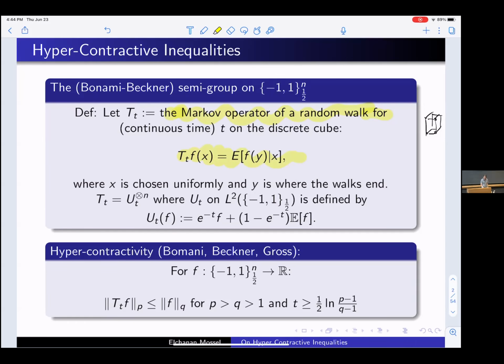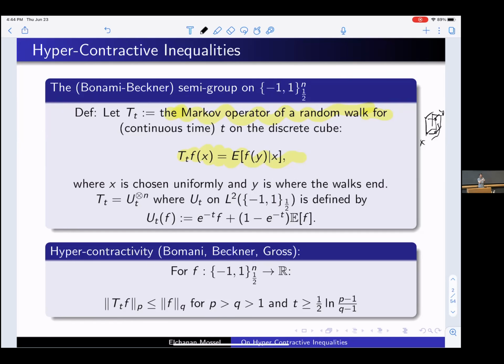So what's written here is the usual language when we study the operator version of the Markov chain. We started from the point X, we took a random walk, we got to some random point Y. And what we want to know is, given that I started off at X, what's the expected value of where I landed? That's the basic question here.